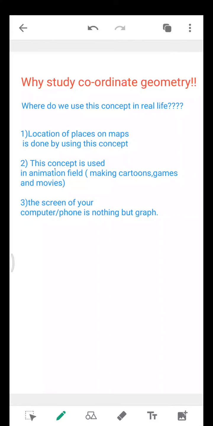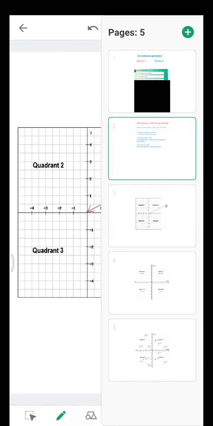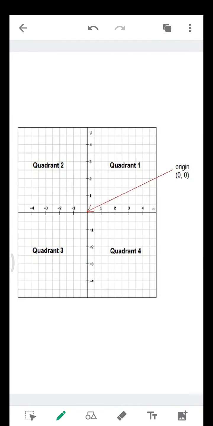So what actually is coordinate geometry? Now let's see that. In this we are going to learn about the axis.